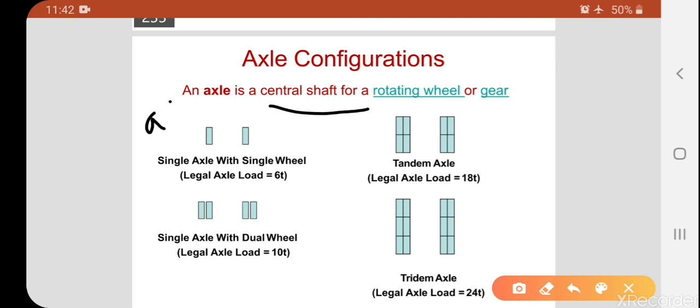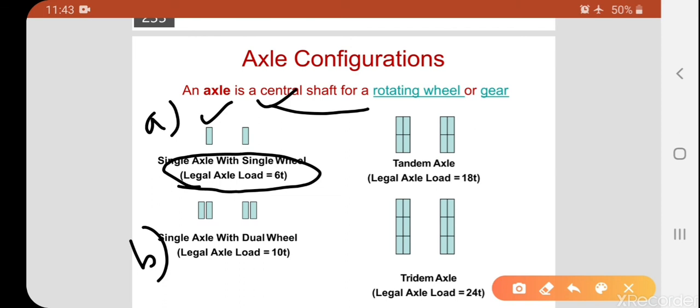The first case, a single axle with a single wheel. Here we can see only a single axle, and the maximum load carrying capacity is 6 tons. In case B, single axle with dual wheel. Here 5 plus 5, around 10 tons, will be applied. Compared to single axle with single wheel, the load will be more here.